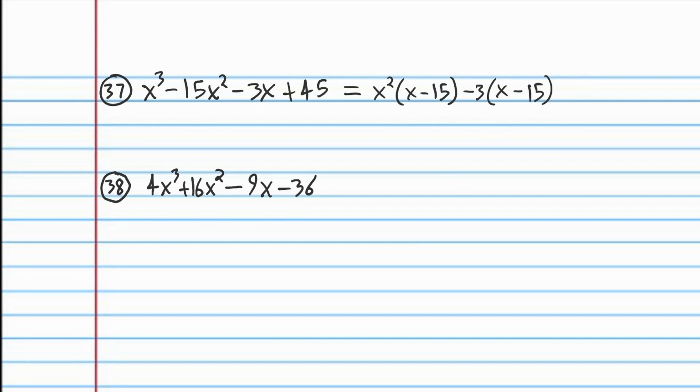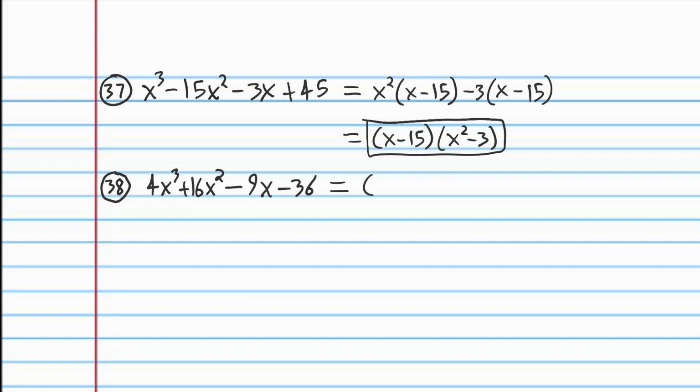Everything looks correct, so we factor out the x minus 15. And we're left with x squared minus 3. So we got that answer. Good job. Now again, this is the difference of two squares technically, but that's not really a perfect square, so we don't have to deal with that. All right, try number 38, and when you come back, we'll do it together.